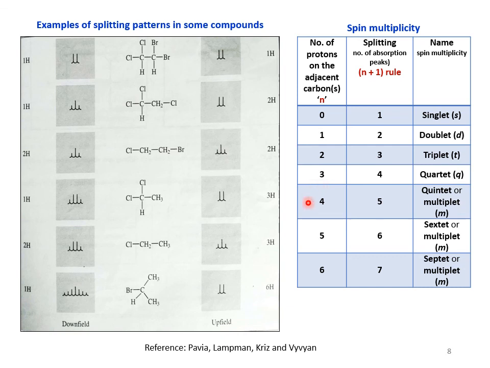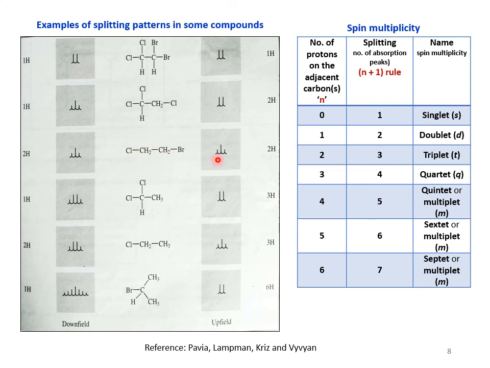If the adjacent carbon atom has 4 hydrogens, then the signal splits into 5, called a quintet. So above quartet, the spin multiplicity is designated as multiplet. So from spin-spin coupling, one can easily identify the number of hydrogens bonded to the adjacent carbon atoms.